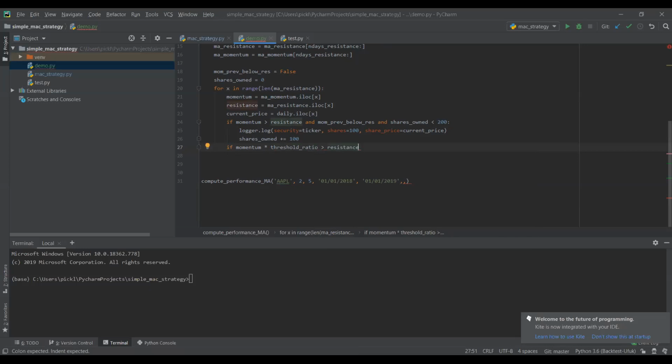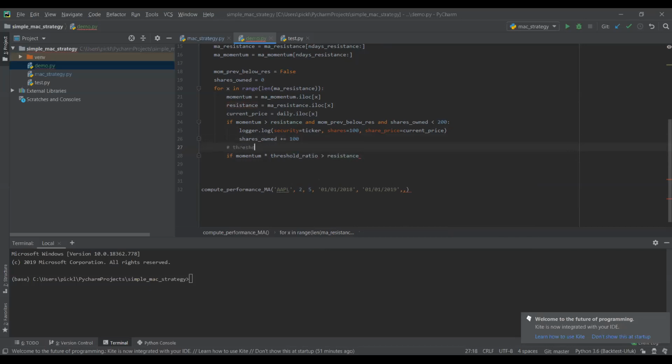The reason is that if momentum is going high, it will eventually go below the resistance. But we don't want to go too low, because then we'll start losing money. So we sell it off when it reaches a threshold ratio, which is 1.3 here.